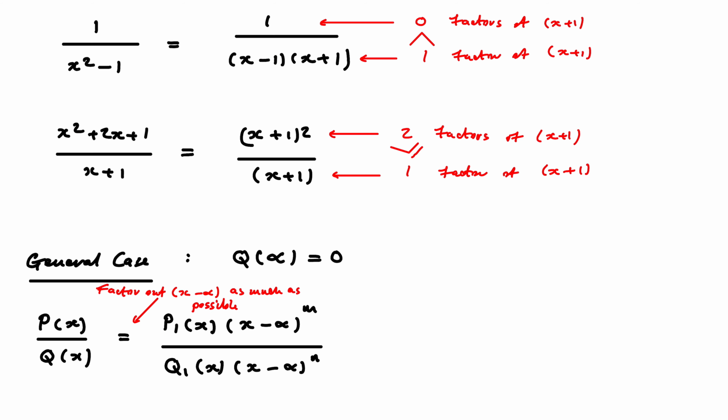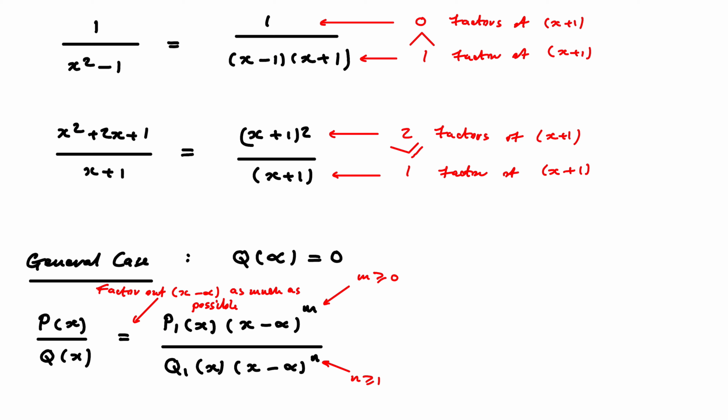You may not have anything for the top, just like before; there may be no factors of x minus alpha. So m is greater than or equal to 0, it could be 0, but because alpha is a 0 of q, n certainly has to be at least 1.